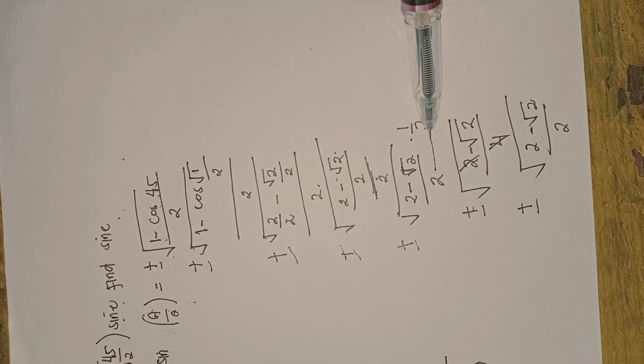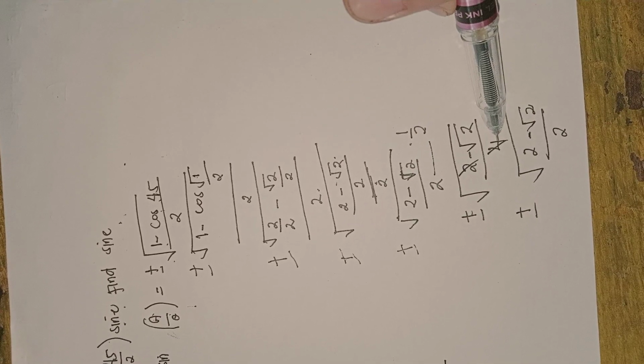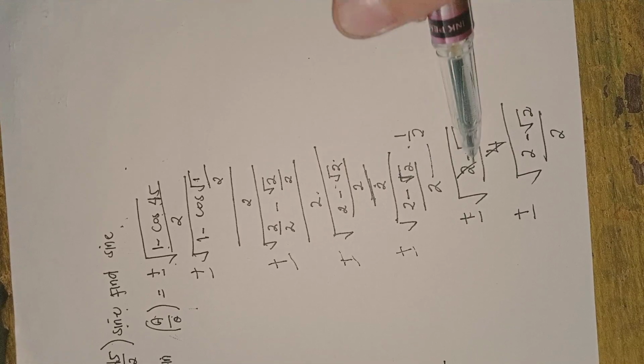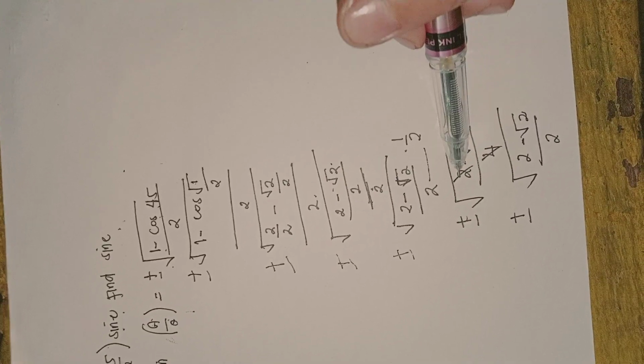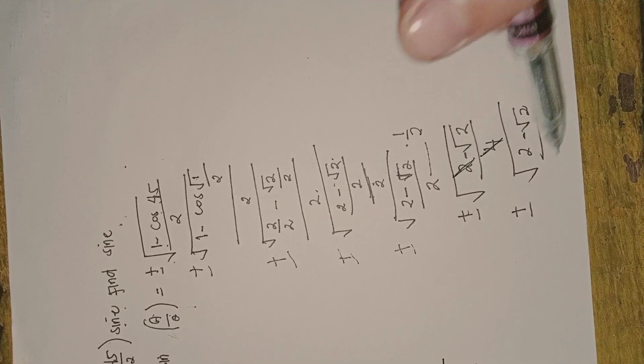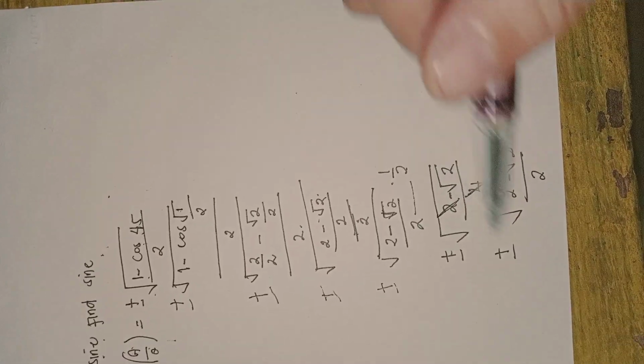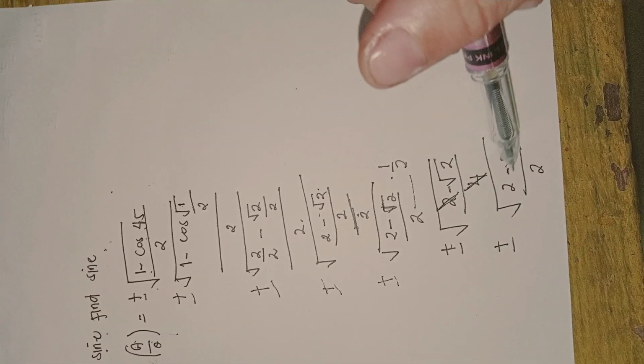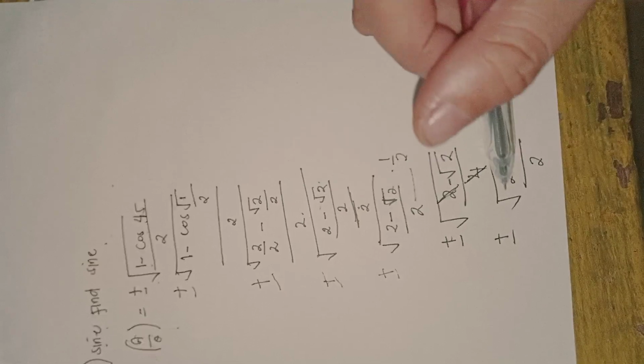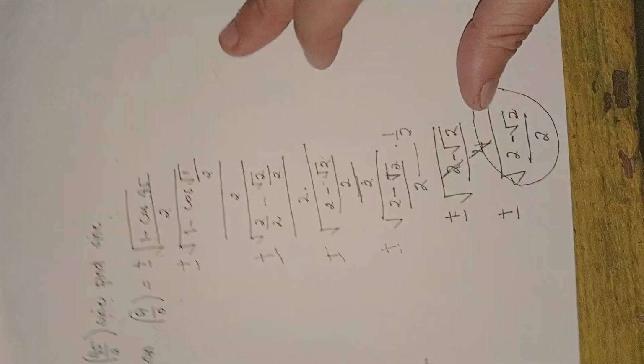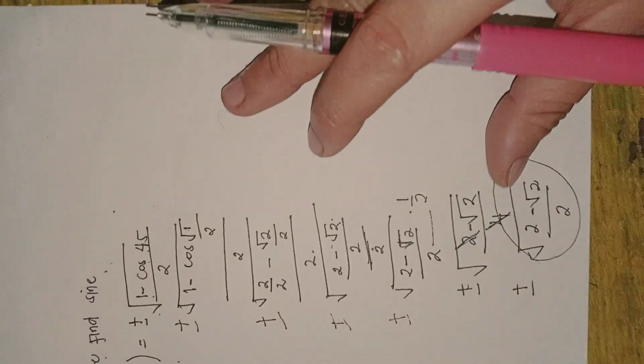So add that 2, that will be 4. So copy the 2 minus square root of 2. So cancel out the 2 and 4. The answer will be positive negative square root of 2 minus square root of 2 over 2. So that is the half identities and double identities.